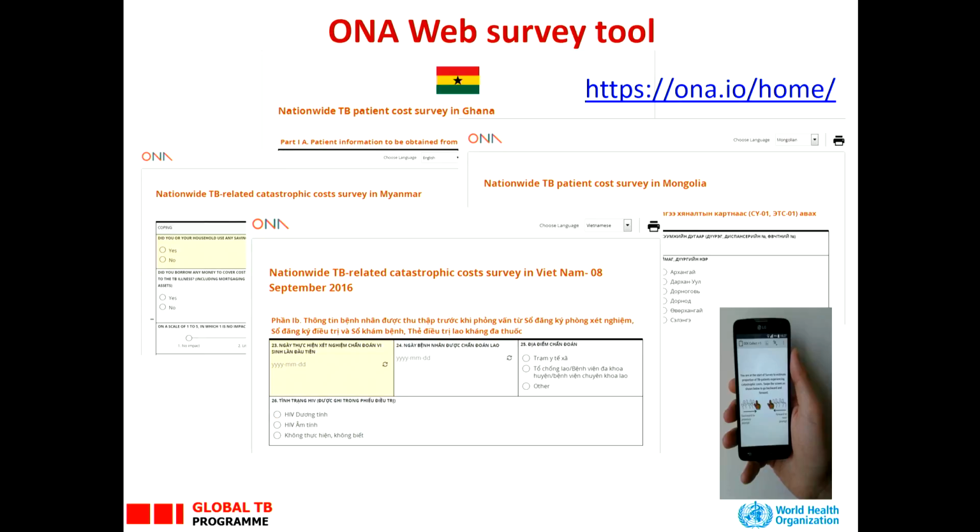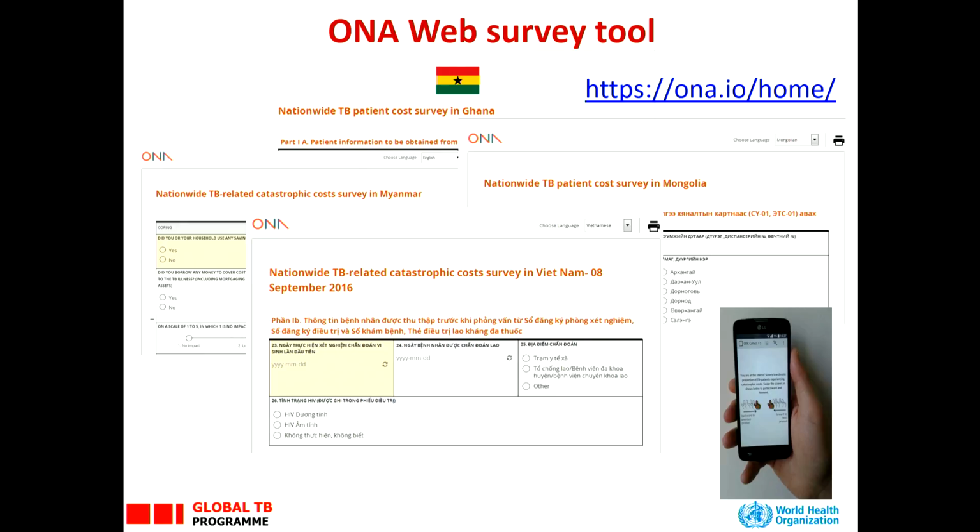The survey, as I mentioned, the generic one exists in an electronic format on a platform called ONA that was first used for the Ebola outbreak, and we have used it nicely. The countries that are here today have been exposed, and some are using the web-based tool for data collection directly on devices.